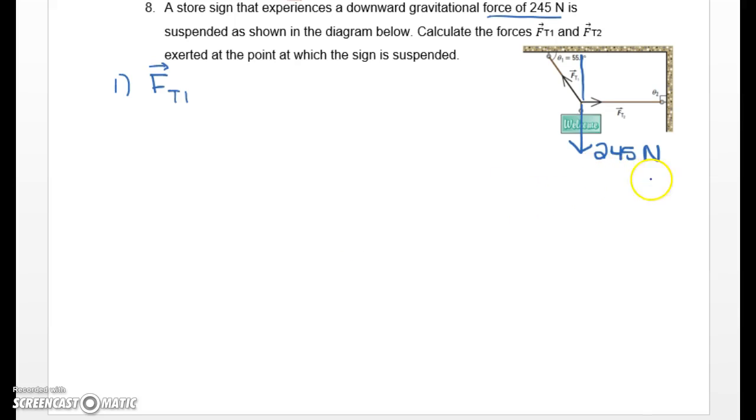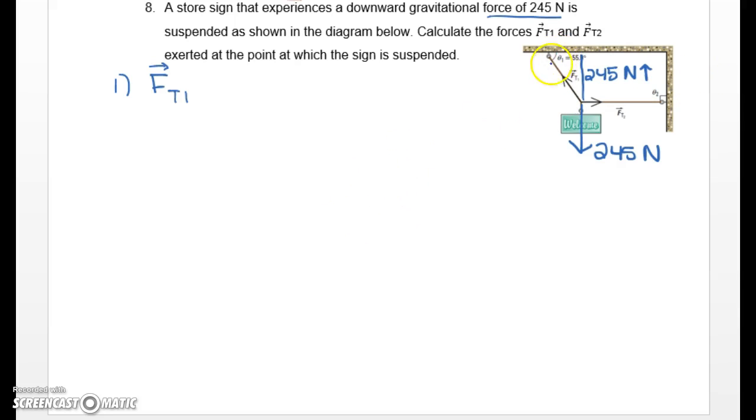We can use this gravitational pull. We know that this sign isn't moving up or down, which means that that force pulling down is also equal to that force pulling up. We know that there has to be a balance if that sign isn't moving. So that means that there must be an equal force of 245 newtons up if this sign is not moving, okay?